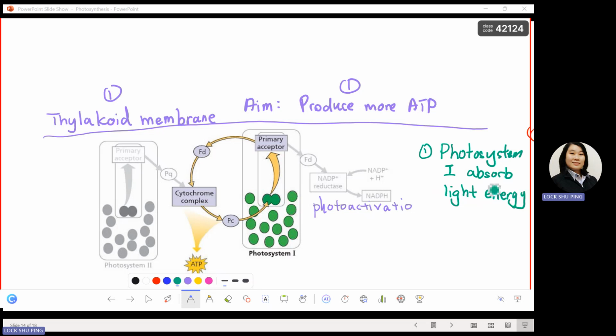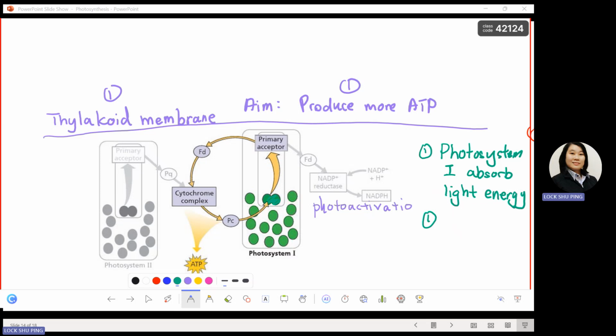Photosystem 1 absorbs light energy. So what will happen to the energy absorbed? The energy absorbed will photoactivate 1 electron from the chlorophyll a into the primary electron acceptor. So how to write?